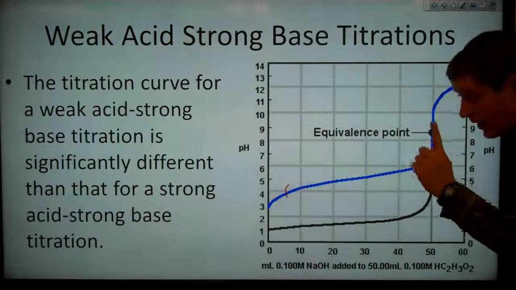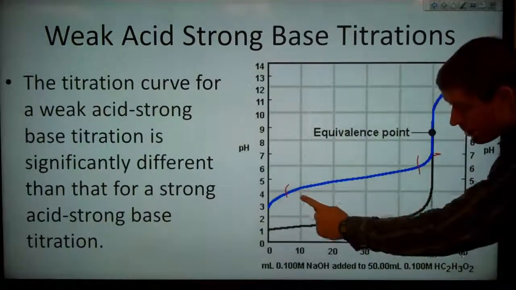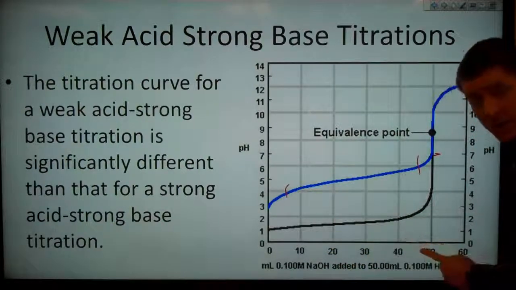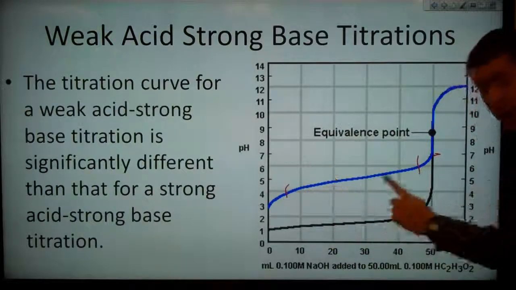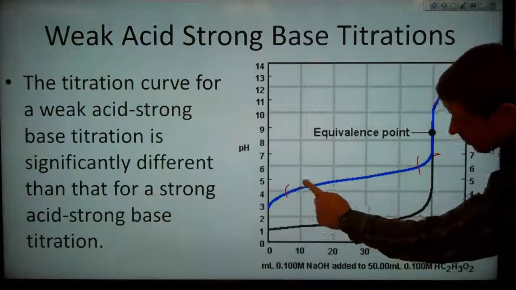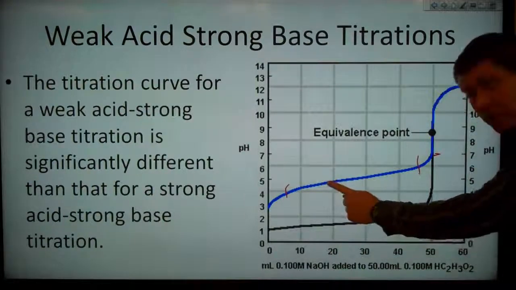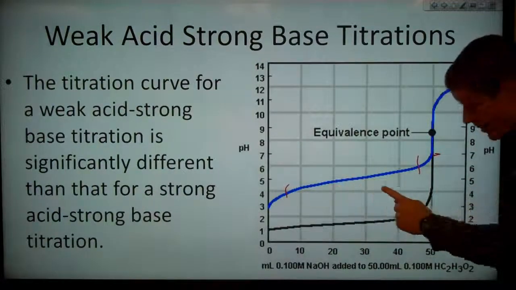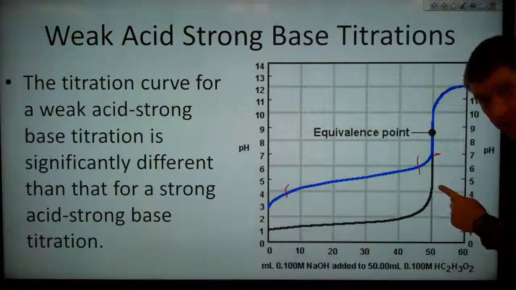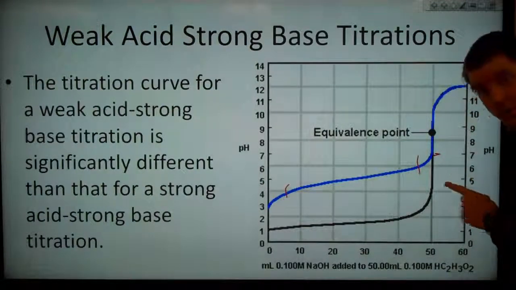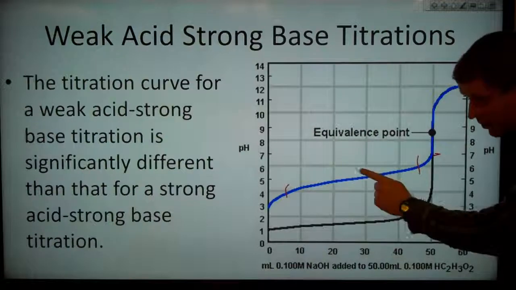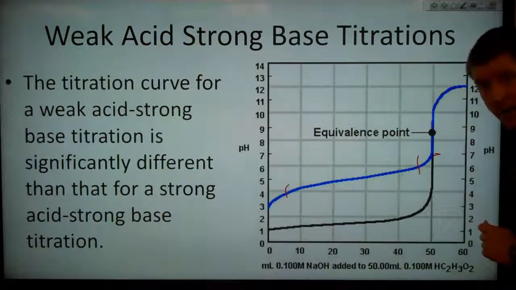That's true, except that you can't be comparing the volumes here. You need to be comparing the pH. At a pH of, say, 4, is the blue curve changing less, or is the black curve changing less? The slope on the black curve is far, far higher than the slope on the blue curve at a pH of 4.